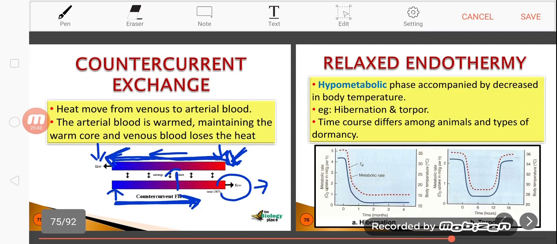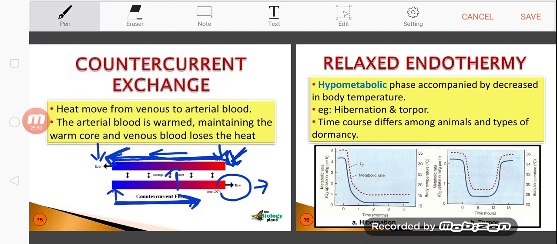Last but not least, about relaxed endothermy. This is about the mechanism that animals use to withstand the stimulus of cold temperature.